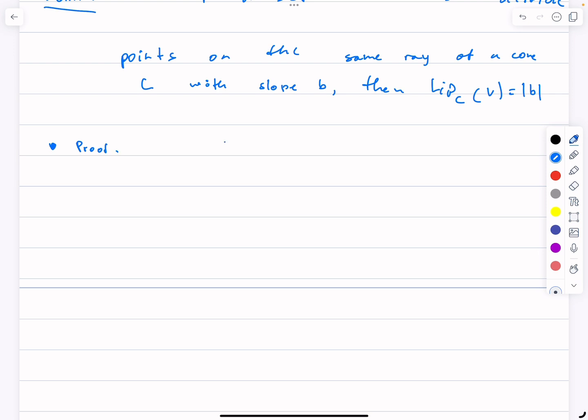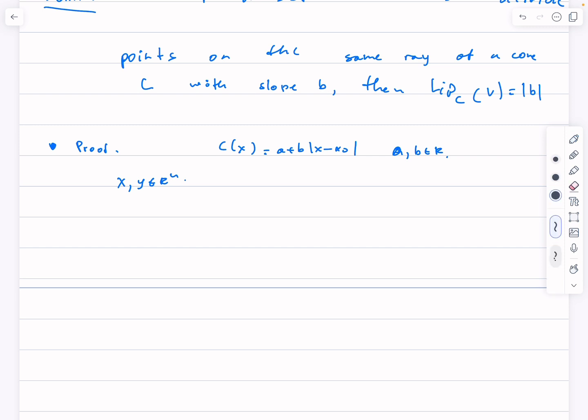How do we prove it? Let our cone be a plus b times the absolute value of x minus x0, where a and b are real. And we take two points on this line, x and y in Rn, and we find the Lipschitz quotient: absolute value of C(x) minus C(y) divided by absolute value of x minus y. We want to find the Lipschitz constant.